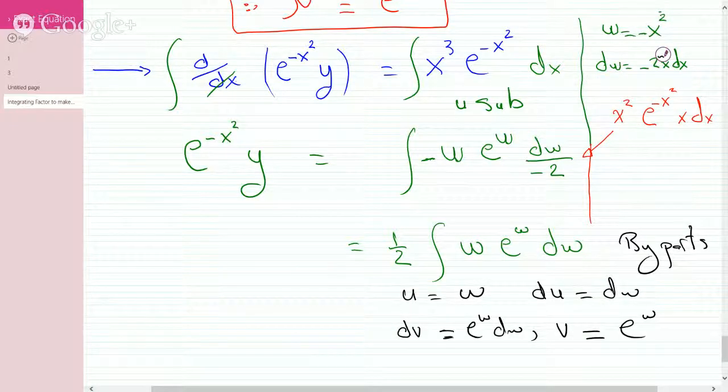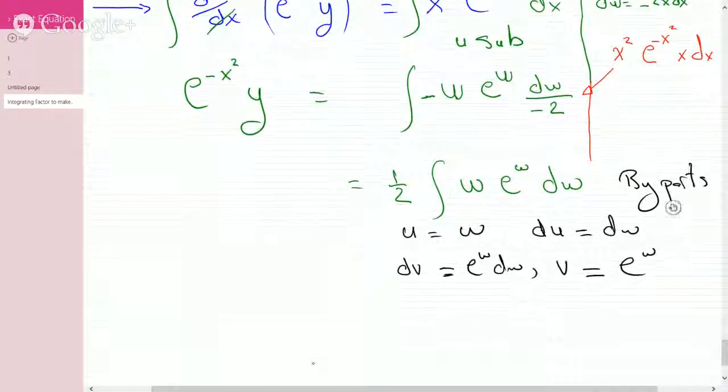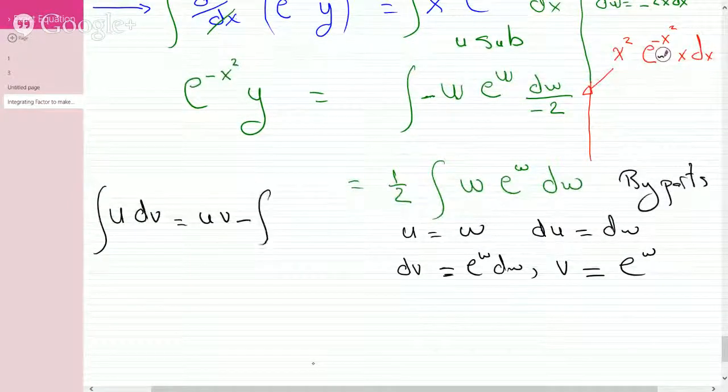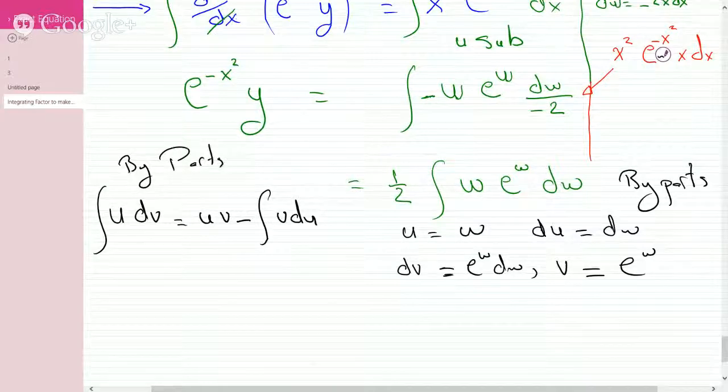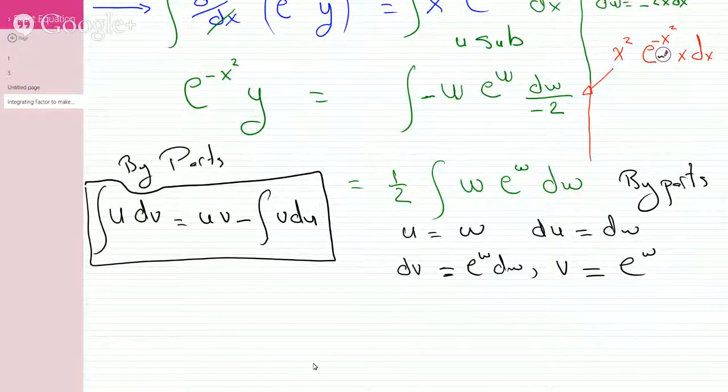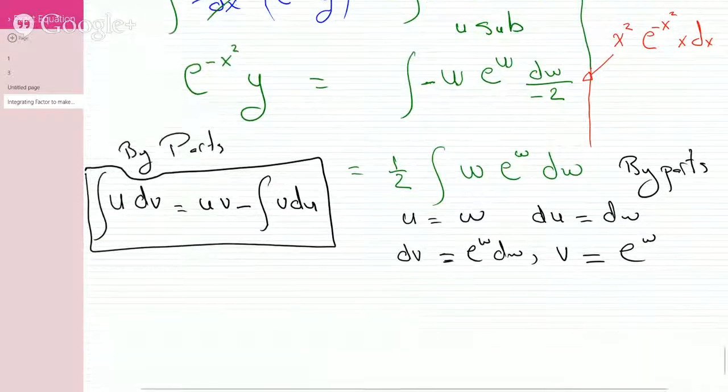And now again, the integration by parts formula entails the integral of u dv equals uv minus the integral of v du. This is the by parts. Okay, so now back to this equation here.